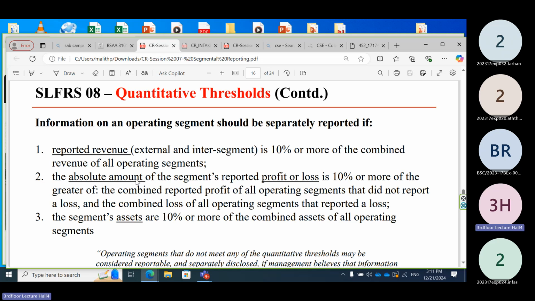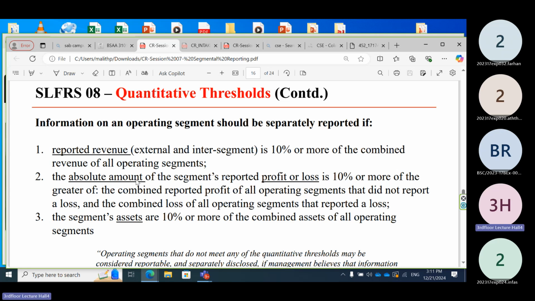Second step, after evaluating all those merged operating segments, evaluate them with the quantitative threshold and decide what the reportable segments are. That is your duty. Identification of the reportable segment according to the quantitative threshold is the requirement of the standard. That will be highly tested in the exam. There is a high probability of it coming up.